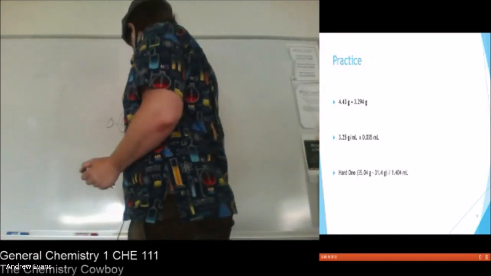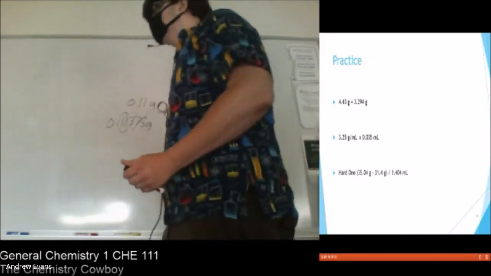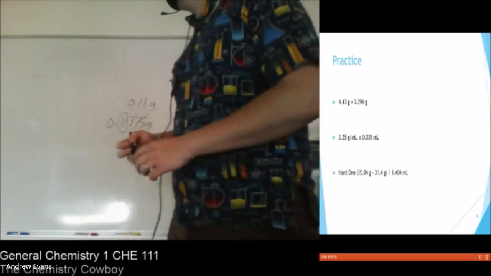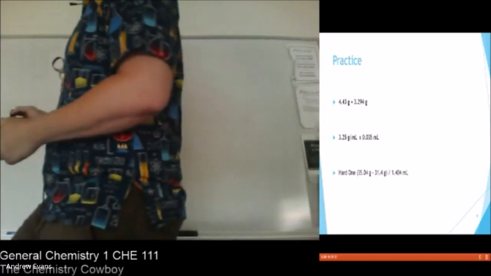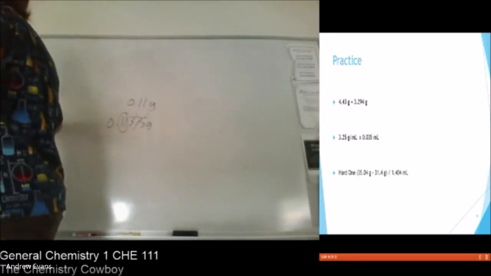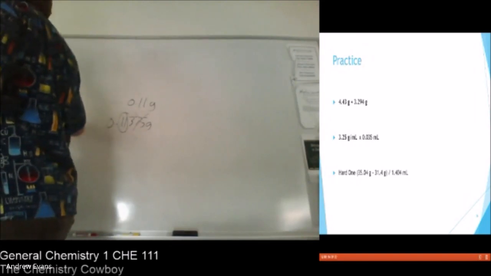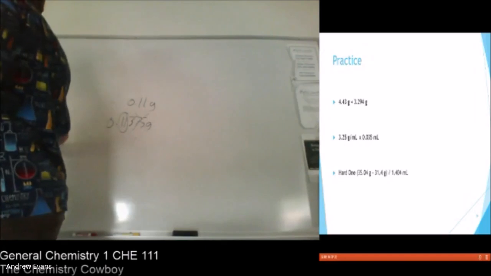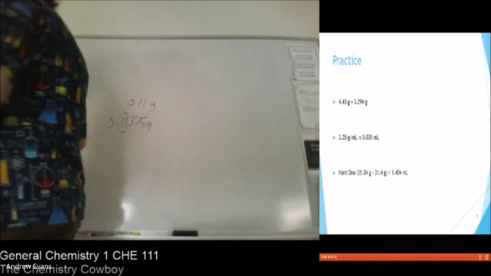The last one is a hard one because it's a two-parter. It's taking addition and subtraction and then adds in multiplication and division. 35.04 minus 31.4 is the first step.